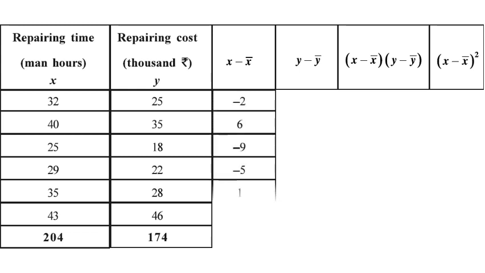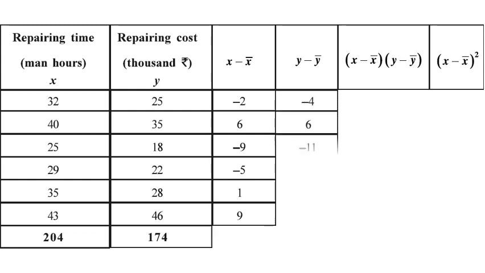As we know, the value of x bar was 34, so from all the values of x, we will deduct 34, and that way we will get this list of values. Now as we know, the value of y bar was 29, we have to deduct 29 from each and every value of the y column. So the y column is 25, 35, 18, and so on, and we will deduct 29 from each of those values. That way we will get this list of values.